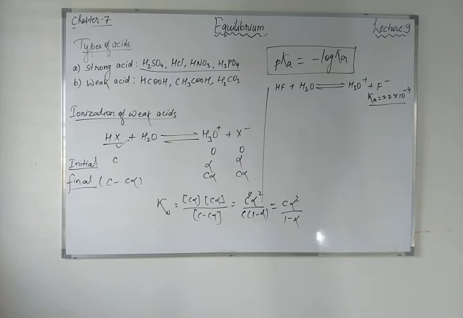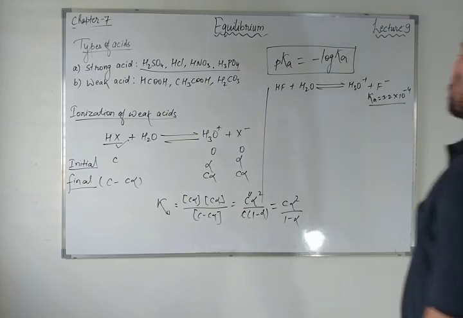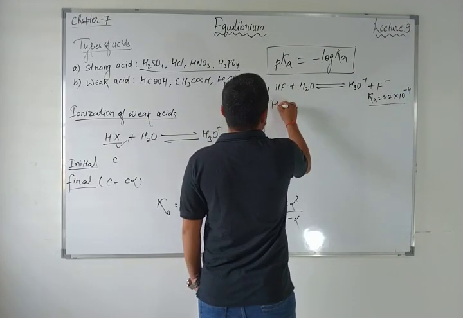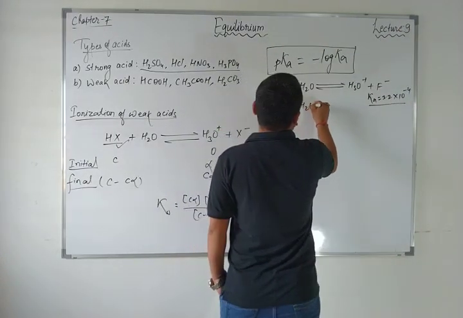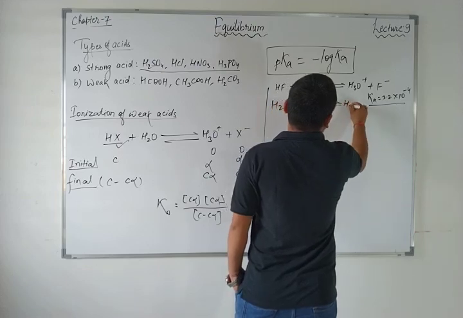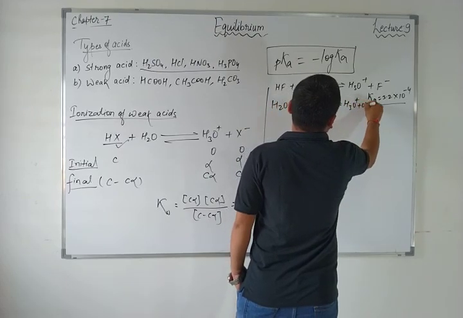Now, the second equation is of water, which means two equations are there. If you mix water into water, then again here the equilibrium constant is for H3O plus and OH minus.